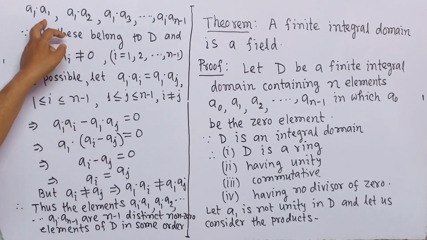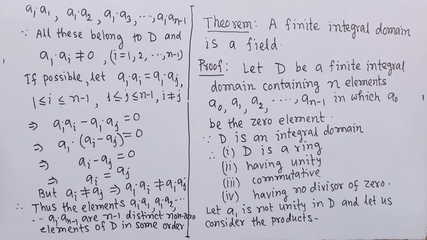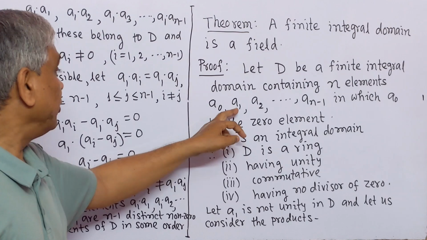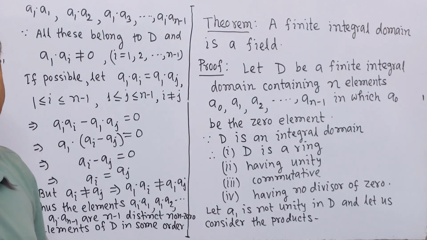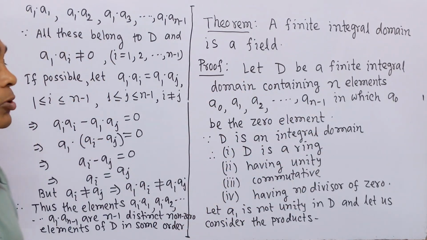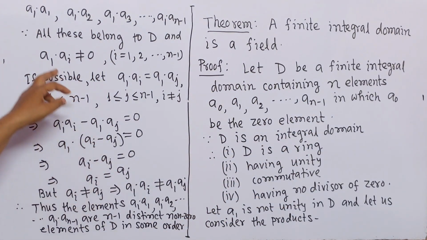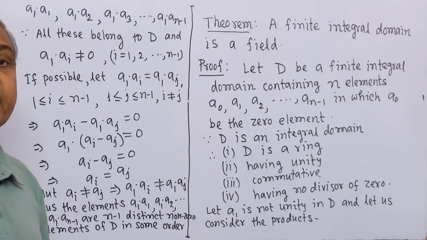Therefore, all these elements belong to D, and these are non-zero, and since D contains no divisor of 0, therefore a1·ai is not equal to 0 for i = 1, 2, 3, ..., n-1.